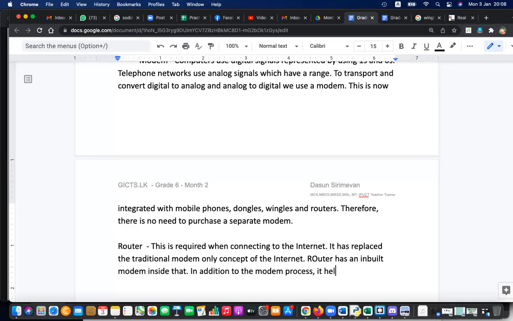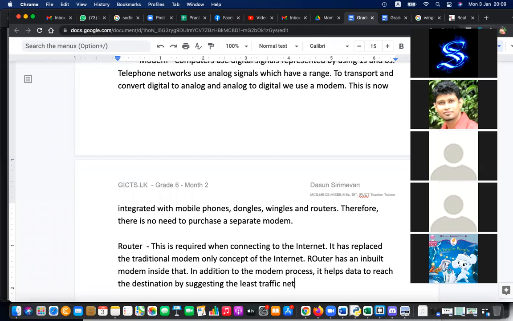it helps data to reach the destination by suggesting the least traffic network path.